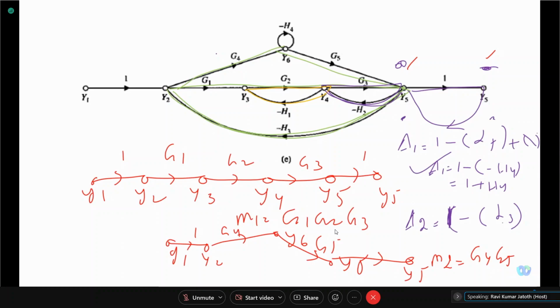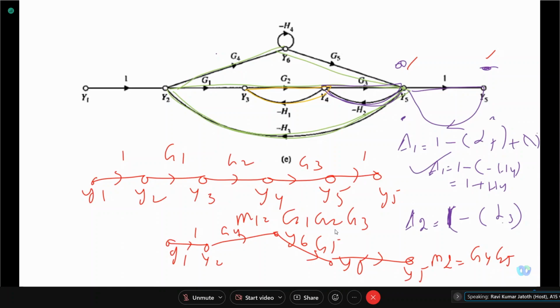Delta 2: 1 minus G1, sorry, y2, not only 1, 1 minus 0.